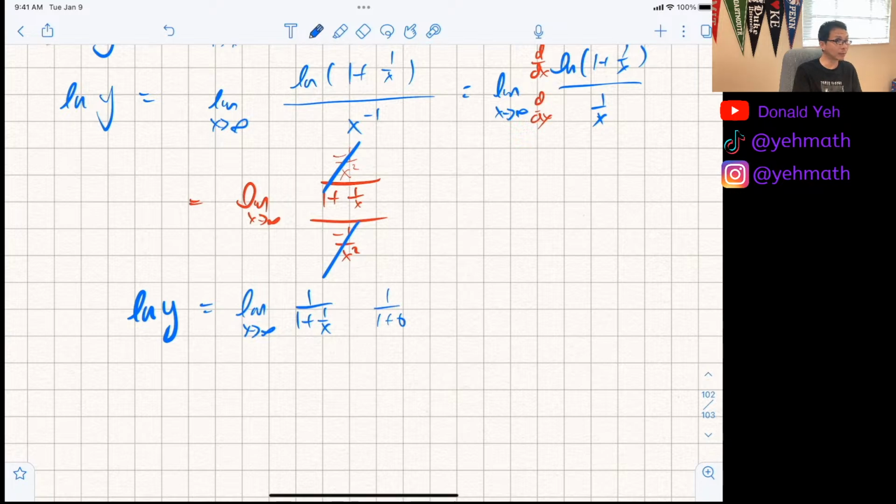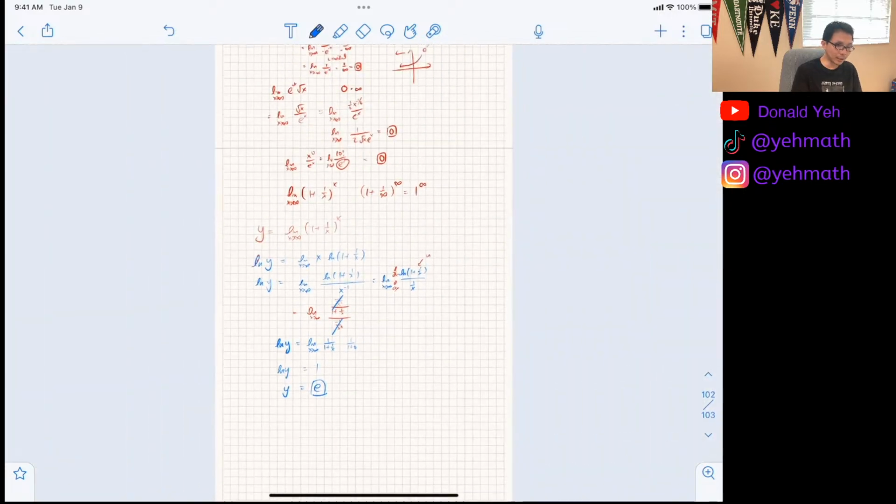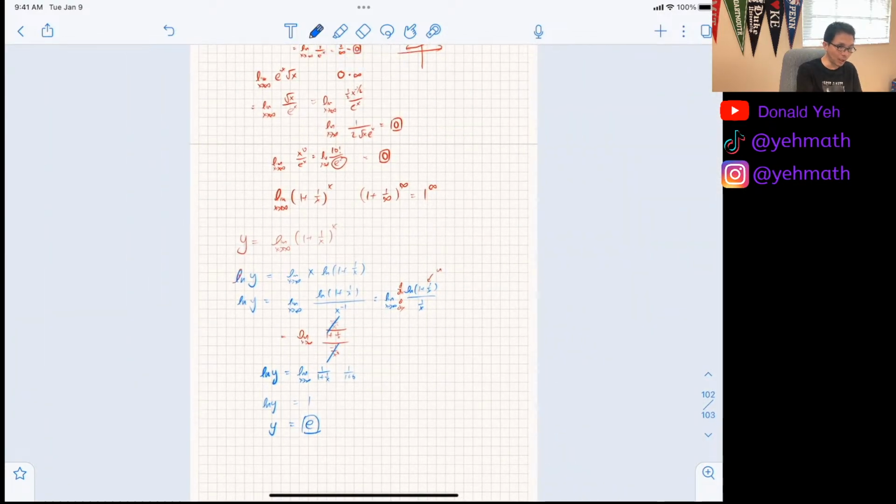Does that make sense or no? And that's just equal to 1. So natural log of y is equal to 1. Therefore, exponentiating both sides, y is actually e. So this is the definition of e.